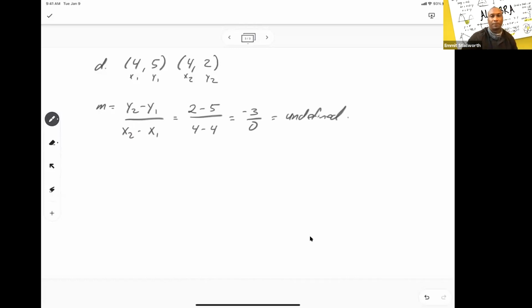We just have an undefined slope, which means that in this case you're rising, but you're not running. So what we're dealing with here is a vertical line. So these are the things that we know.